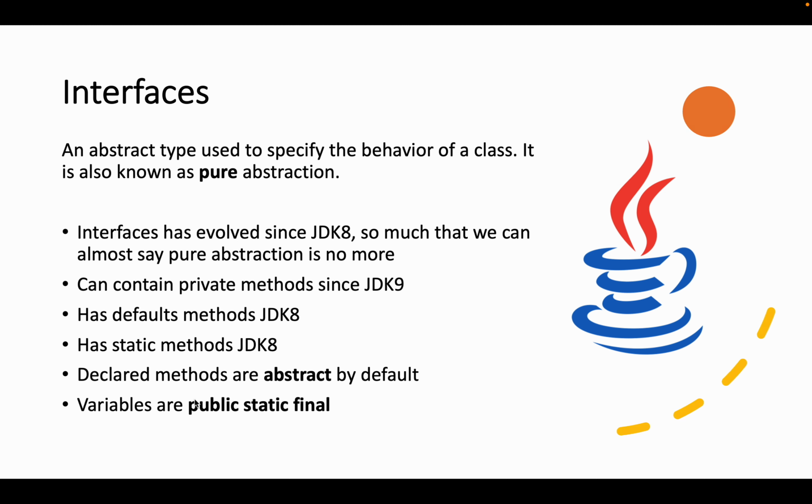And if you have any variable in an interface, it is by default public, static, and final. It's a constant. It will not change. So this means that you cannot explicitly say private static final. It will not work.